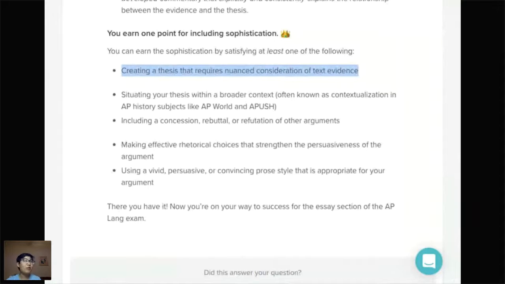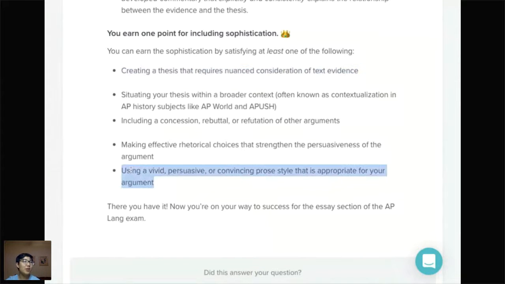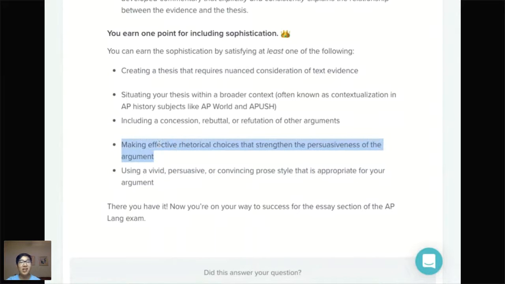I think if your thesis talks about some of the evidence you're going to introduce, you might get that point. I just think it's pretty difficult. And similarly, I think this last one, using a vivid, persuasive, or convincing prose style, is very hard in 40 minutes, especially in your argument essay, because it will end up sounding a bit choppy. Same thing for making effective rhetorical choices that strengthen the persuasiveness.